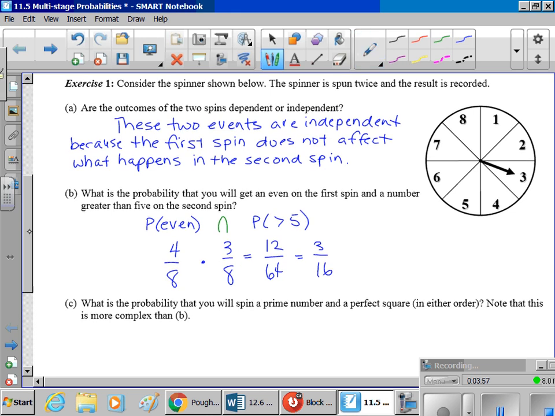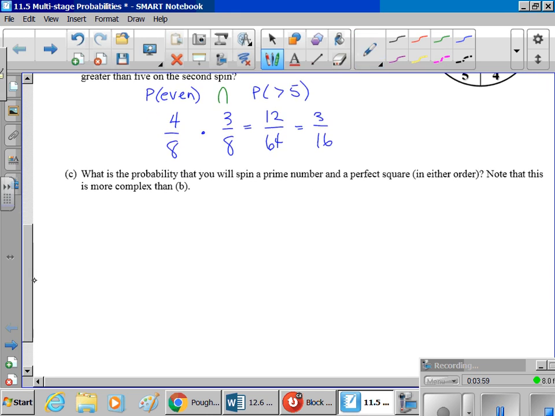On to letter C. What is the probability that you will spin a prime number and a perfect square in either order? Notice that this is going to be a little bit more complicated than the first one because the either order really makes a difference.